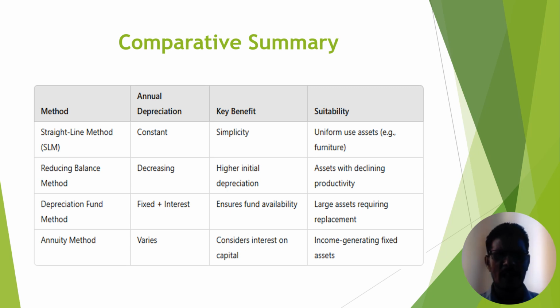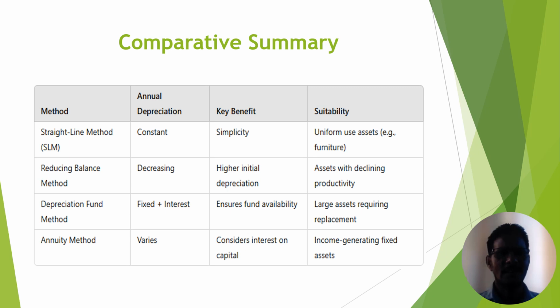Suppose the useful life of the asset is 10 years, it means every year the depreciation amount is the same. This is a simple method, suitable for uniform use of assets like furniture.